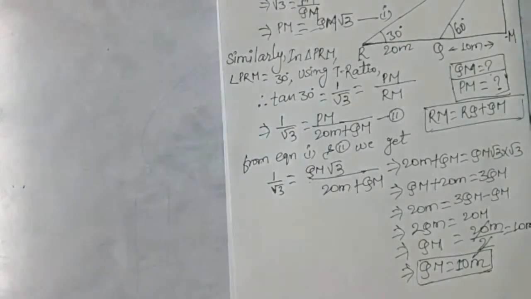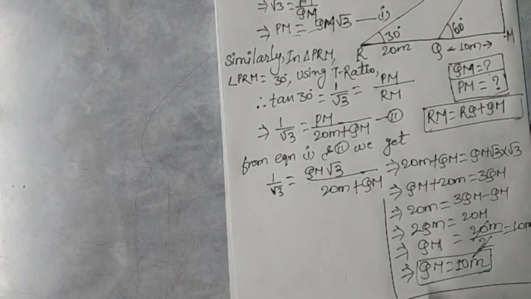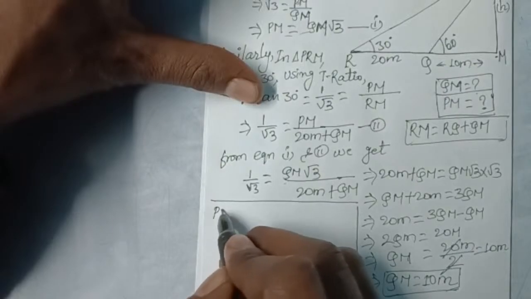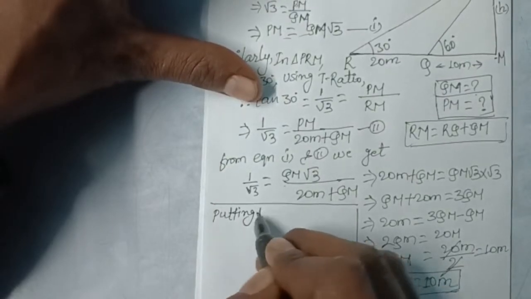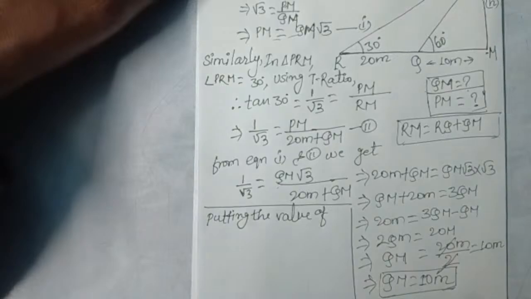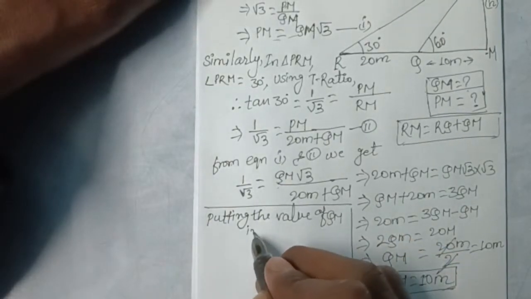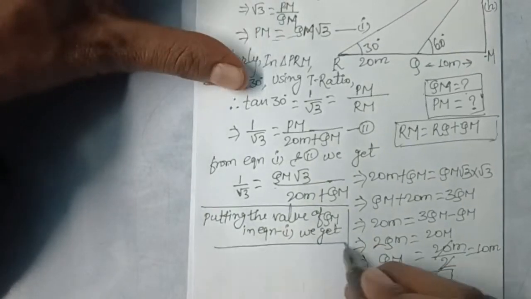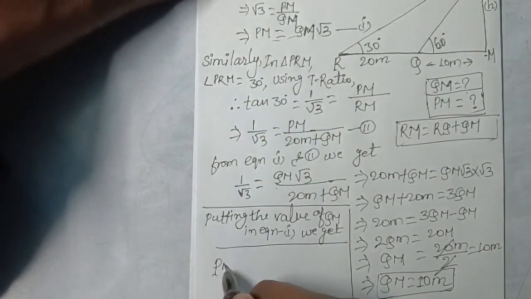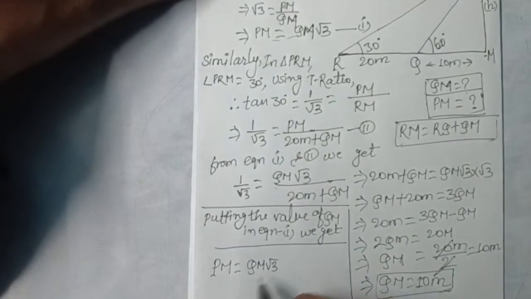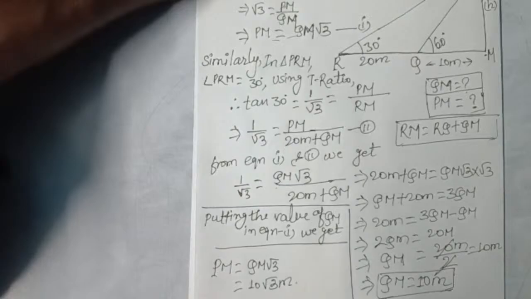Okay, now putting the value of QM in equation first, we get PM equals QM root 3, and QM is 10 meter. Therefore it will become 10 root 3 meter.